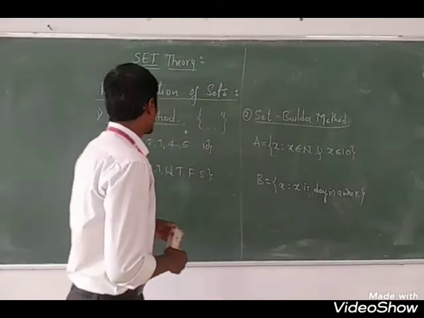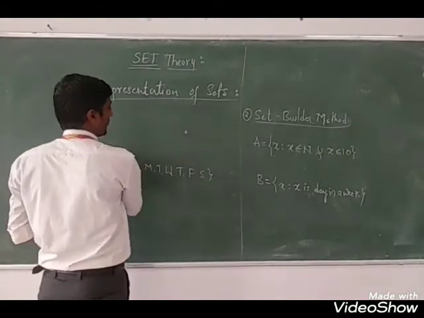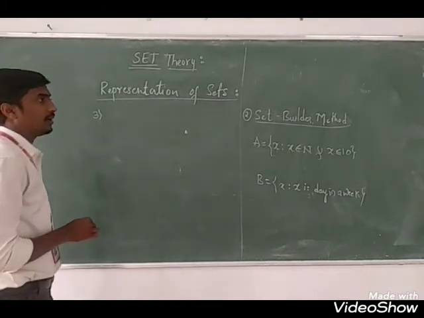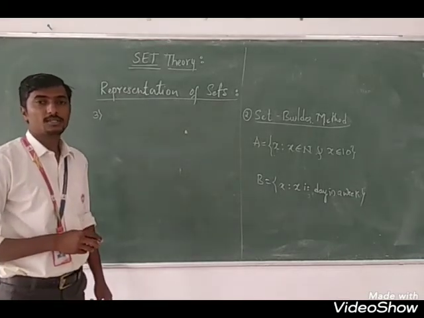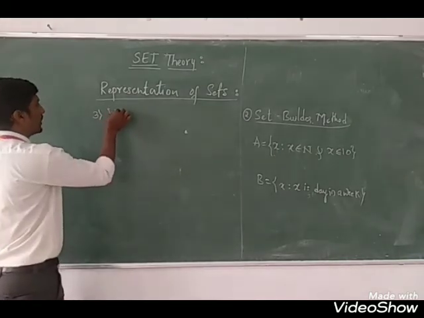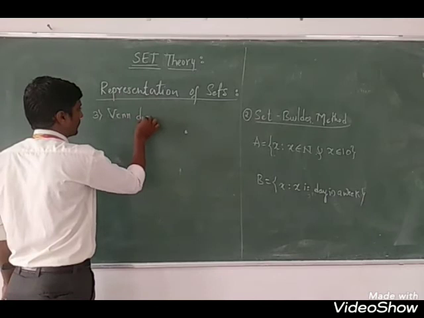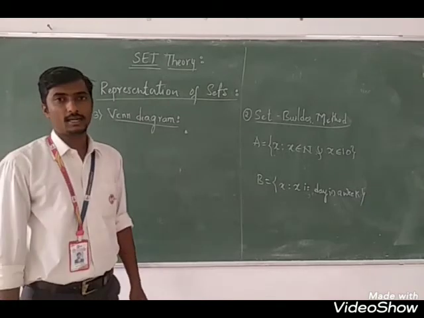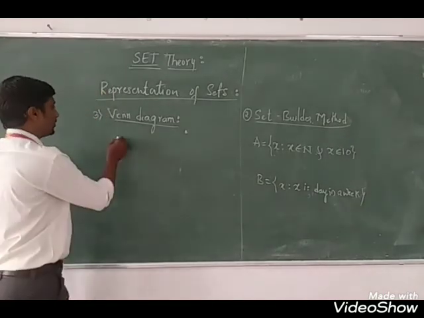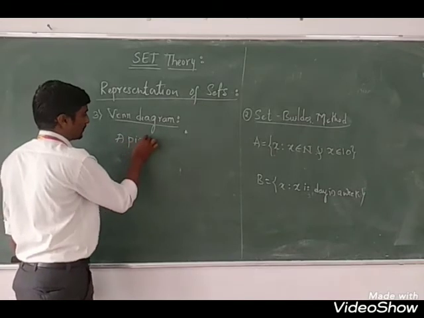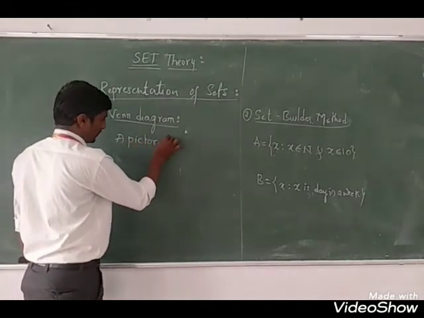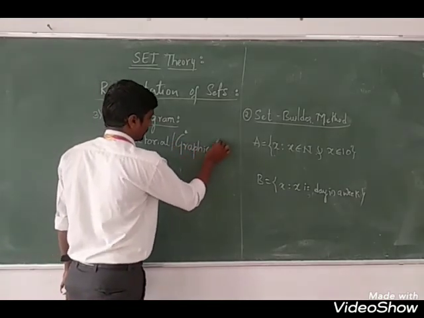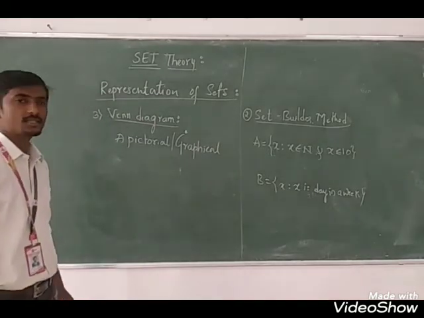Another method is the third method, graphical representation, which we can also call a Venn diagram. A Venn diagram is basically a pictorial or graphical representation of the set.